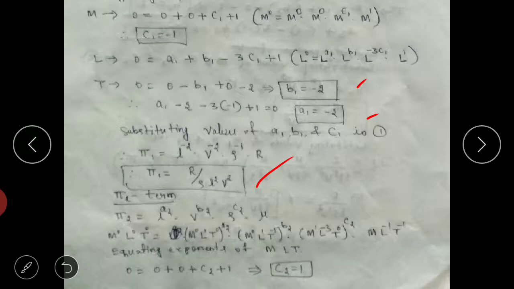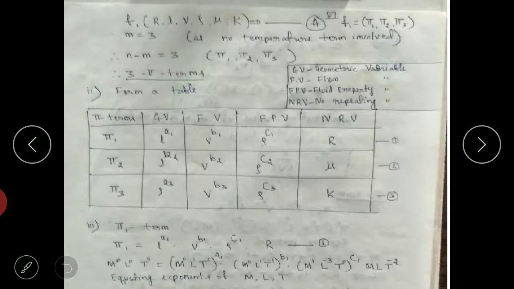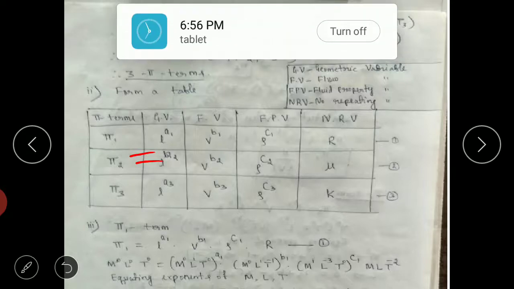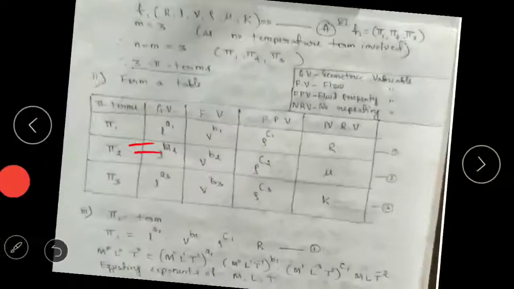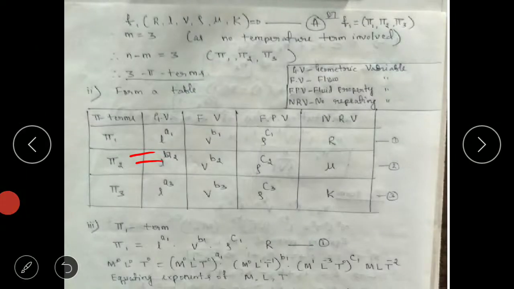Then considering the pi 2 term, so here is the pi 2 term. Imagine there is an equal to sign. Pi 2 is equal to L raised to a2, v raised to b2, rho raised to c2 into mu. Then write down all the units in the form of MLT.